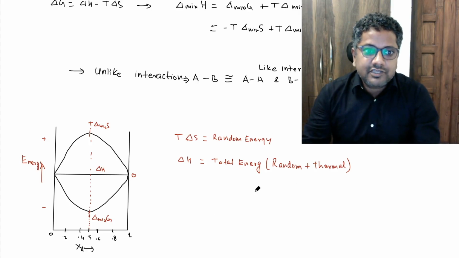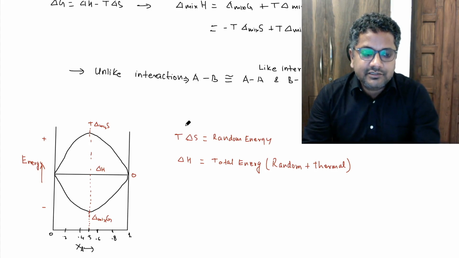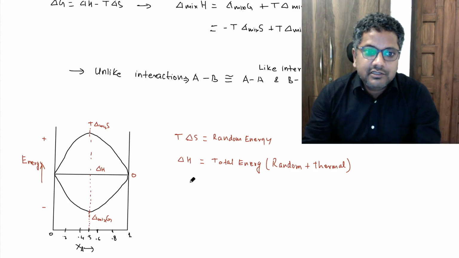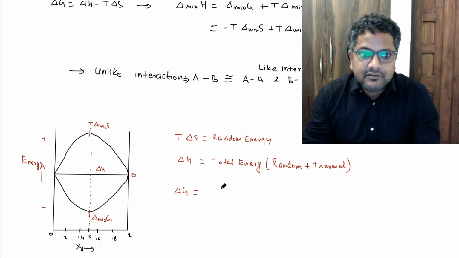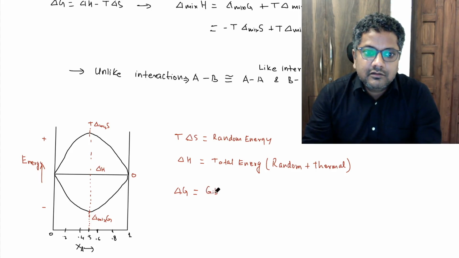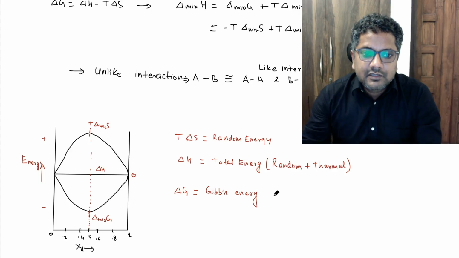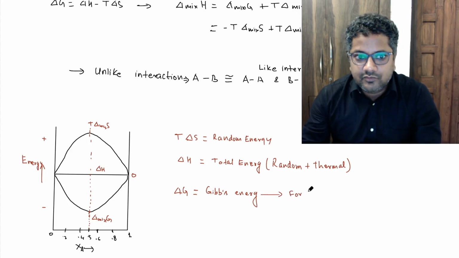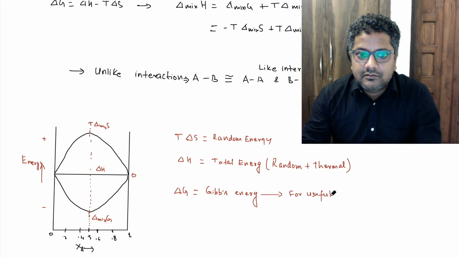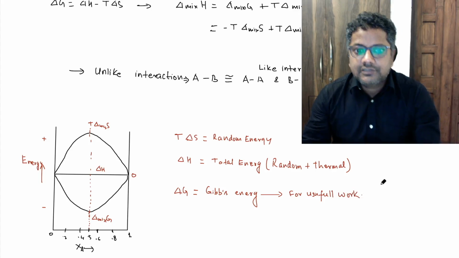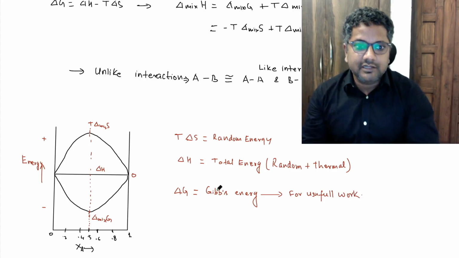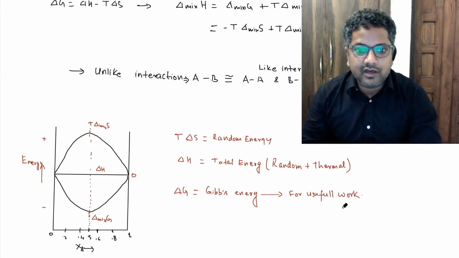That's why if you subtract this T delta S from delta H, you get delta G, and delta G is called Gibbs energy, available in the system for useful work. So delta G is basically the Gibbs energy which is available in the system for useful work.